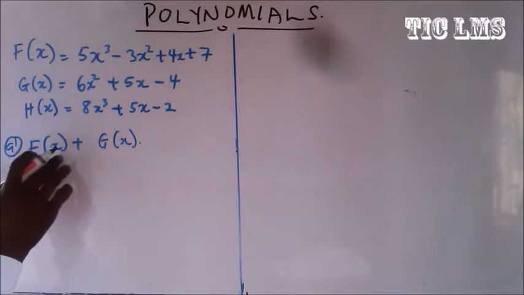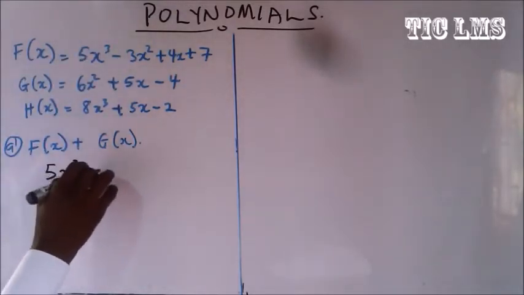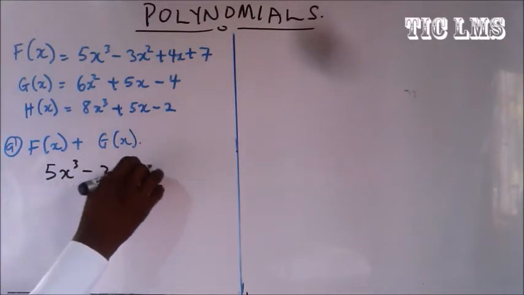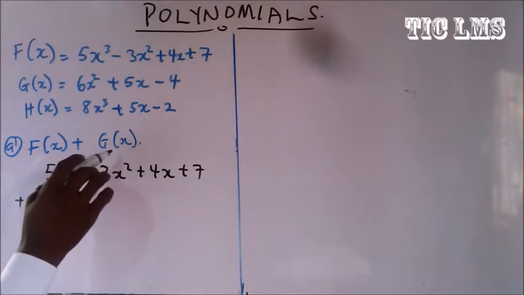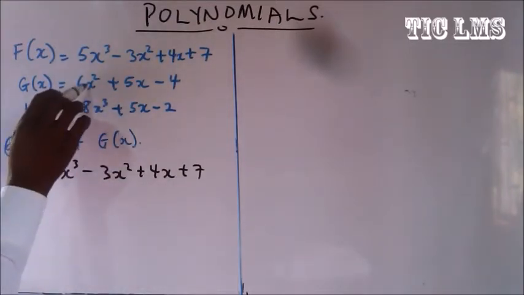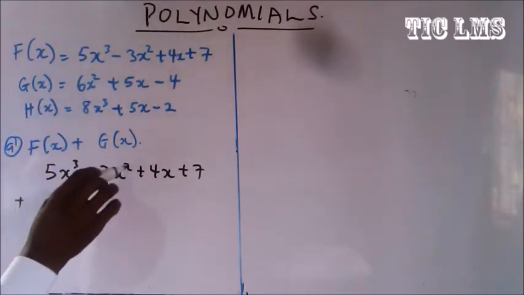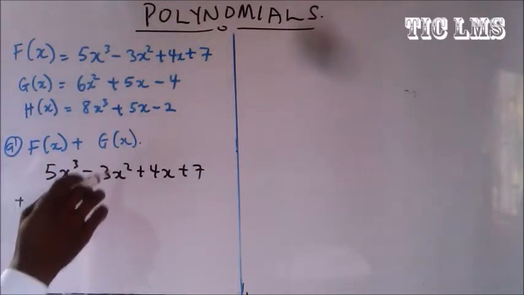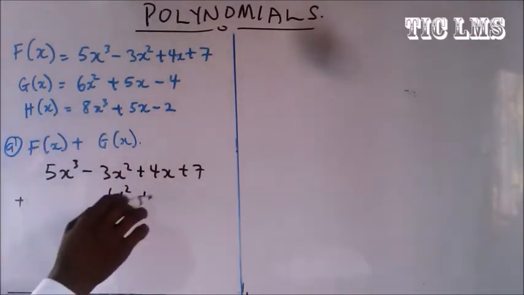Here, our f(x) is this, so we have it as 5x raised by 3 minus 3x squared plus 4x plus 7 plus g(x), which is this. Now to write this g(x), we have 6x squared. So the x squared needs to correlate with where there is an x squared in the first equation. And so we have 6x squared plus 5x.